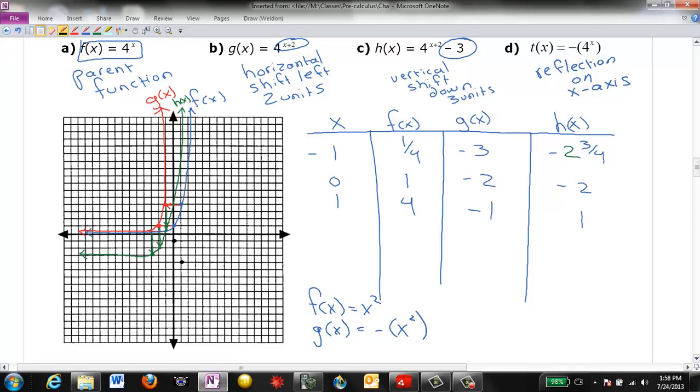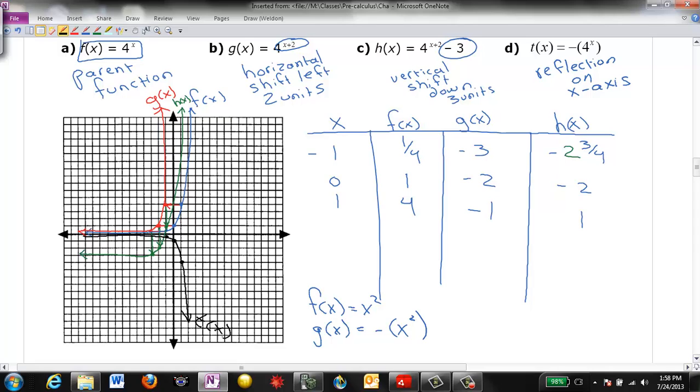At negative 1 and 1/4 is going to become negative 1 and negative 1/4. So we're going to have a point here. And I'm going to draw this new curve. All right, so instead of that curve heading off towards positive infinity, it's now heading off towards negative infinity, and this is t of x. So it's kind of hard to read.